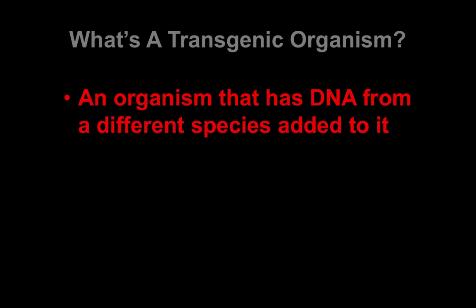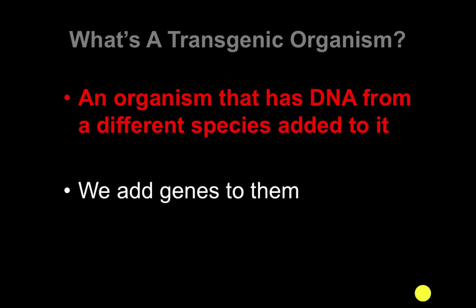So first, let's look at what a transgenic organism is. The word genic means gene, trans means to move. So basically what we've done is we've moved a gene from one organism to another. So we have created an organism that has DNA from a different species added to it.